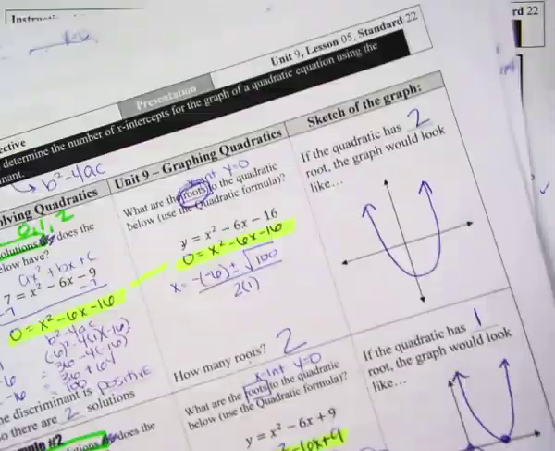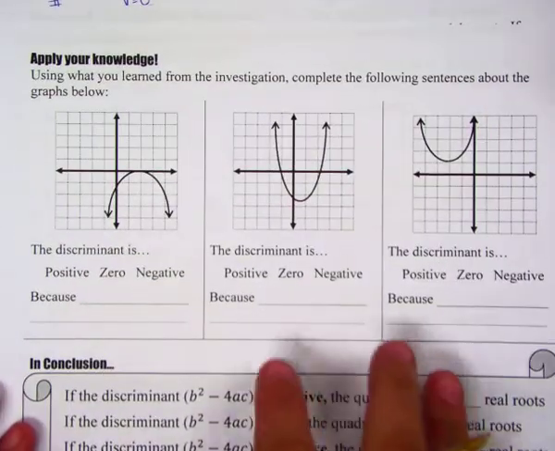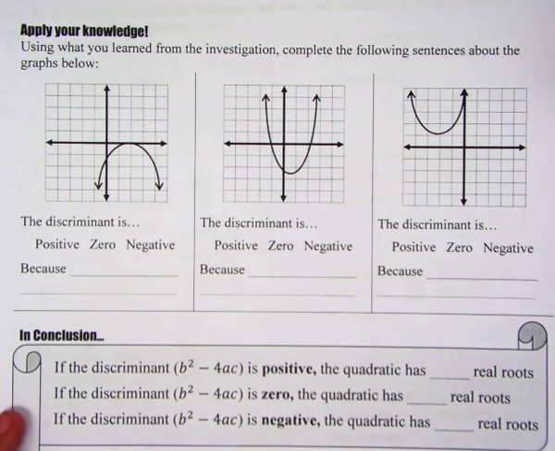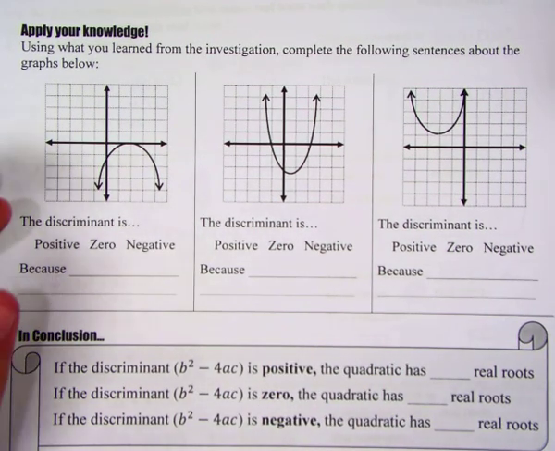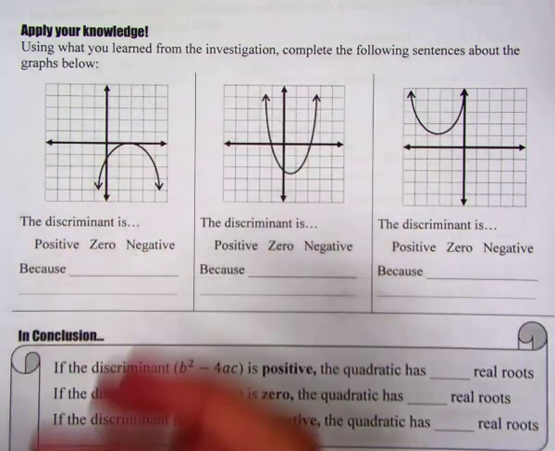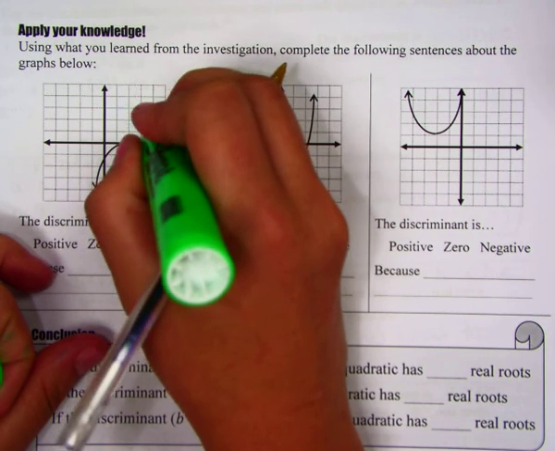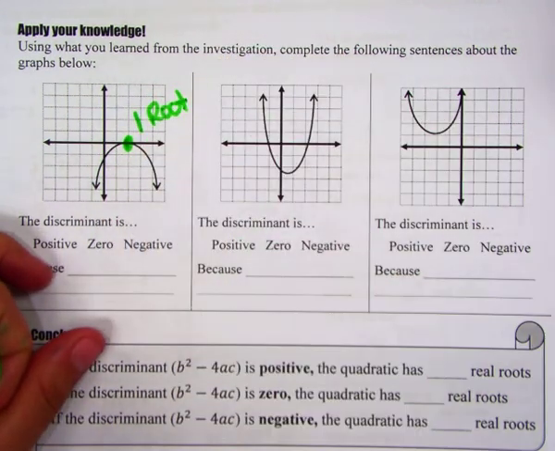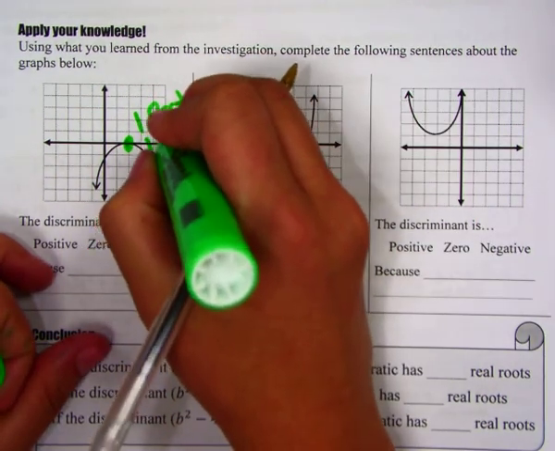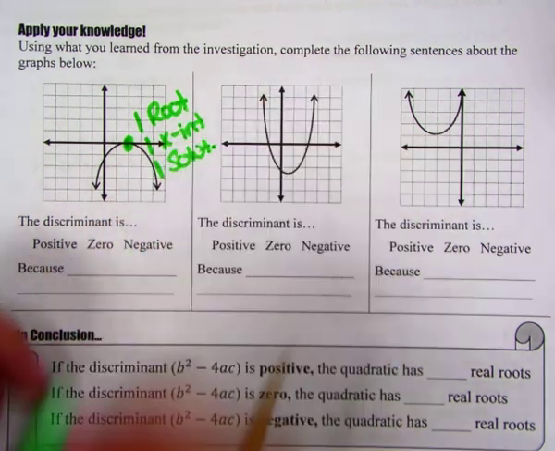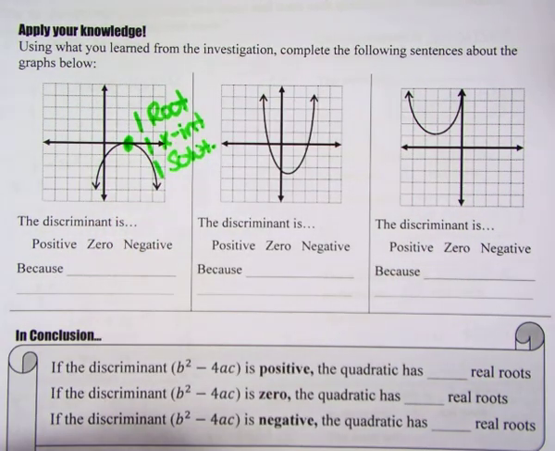It was a warm-up. But ultimately, our goal is to be able to use the discriminant to determine how many roots there are going to be, as well as work backwards. So here, there is 1 root, which means that there is 1 x-intercept, there is 1 solution when y is 0.